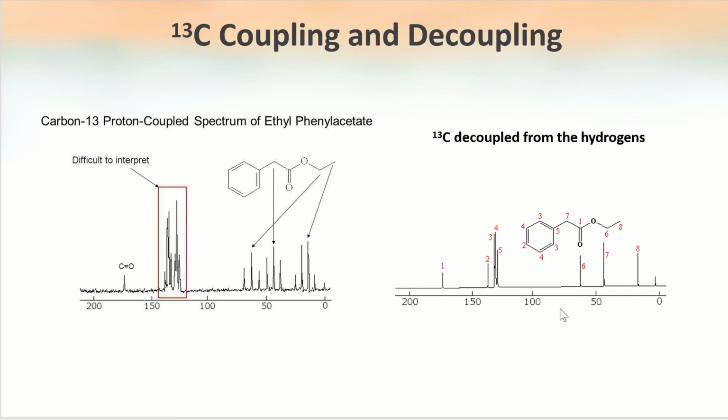So we're simplifying it basically. We're not doing the carbon-13 proton coupled for this course. We're looking at carbon-13 decoupled from hydrogens, which will just be spectra that look like this, the singlets, no splitting of carbon.